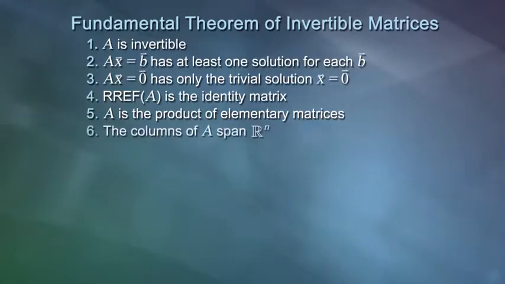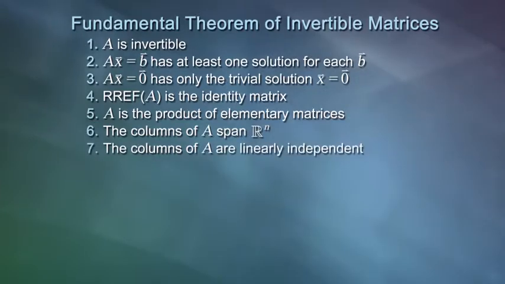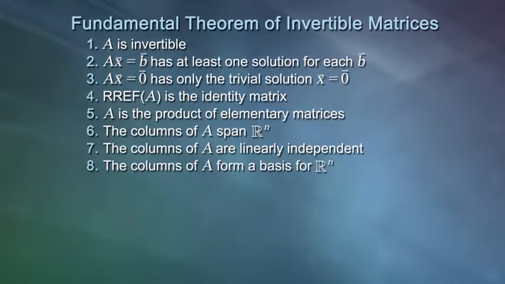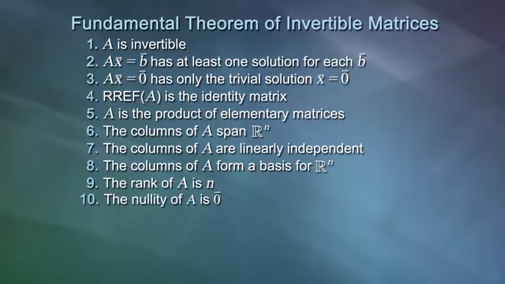Number 6, the columns of A span Rn. Number 7, the columns of A are linearly independent. Number 8, the columns of A form a basis for Rn. Number 9, the rank of A is n. Number 10, the nullity of A is 0.